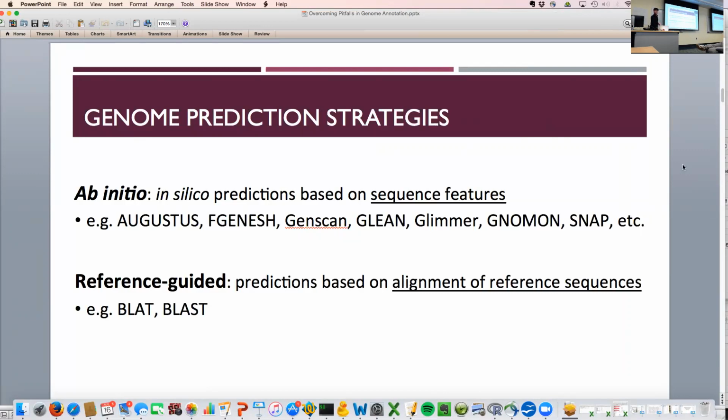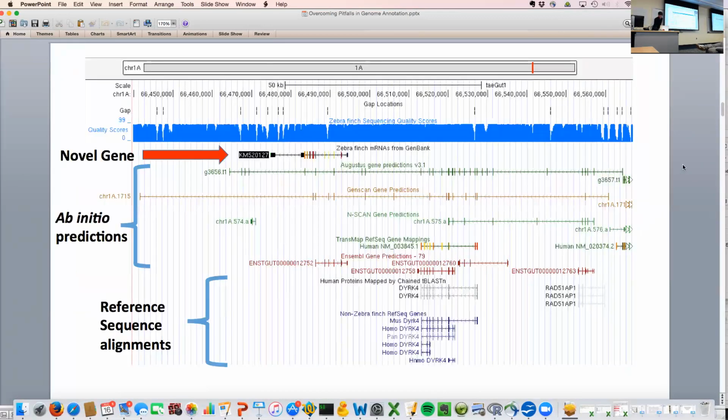On that first one where you said it's sort of modeled, is that like a statistical model? Is it assigning probability? So each of these predictions you can think of as a model, a prediction of where you think your gene is.